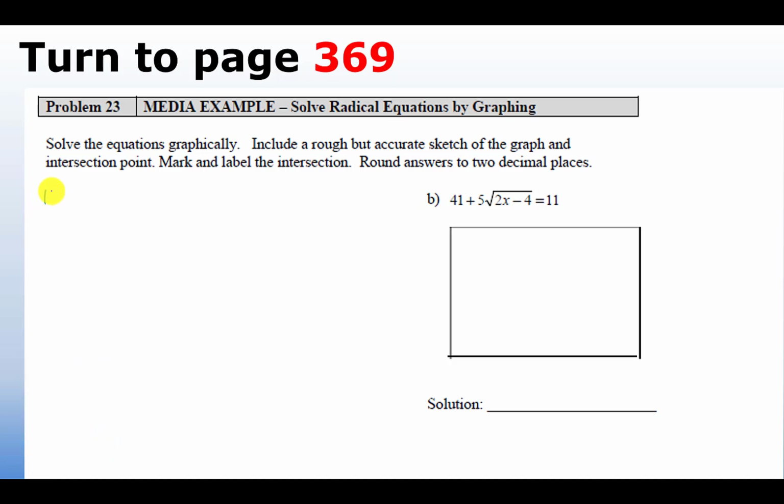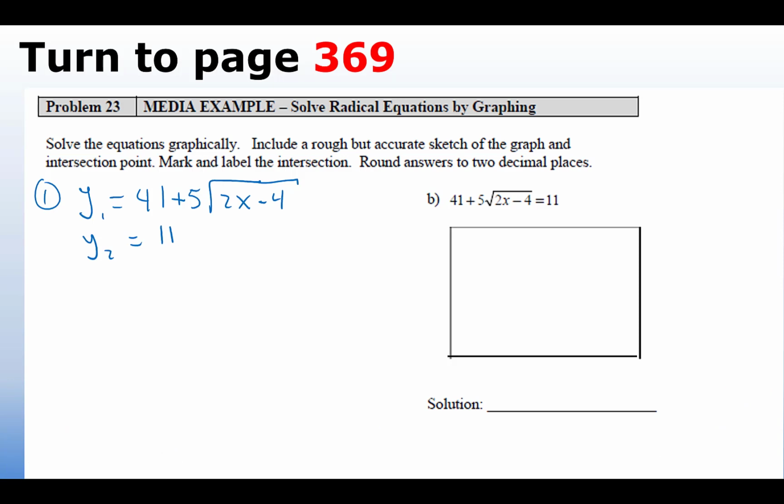So let's start. Step 1, get our equations figured out. y1 equals 41 plus 5 times the square root of 2x minus 4. And y2 equals 11. All right, we're good there.